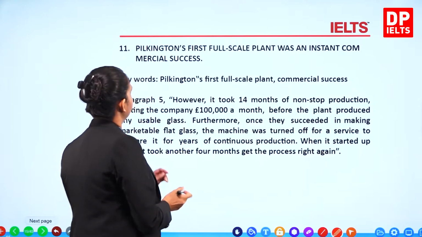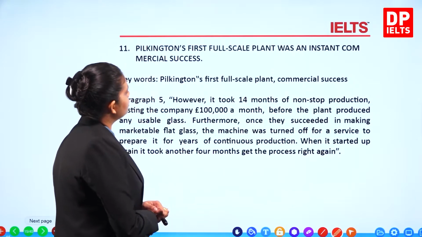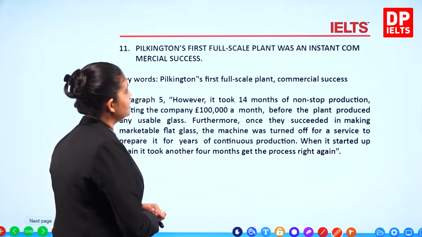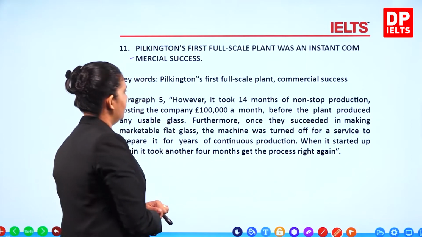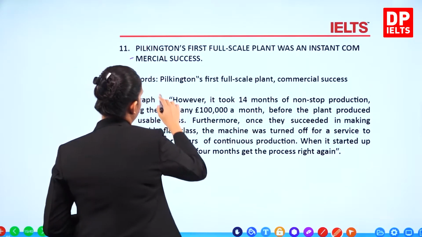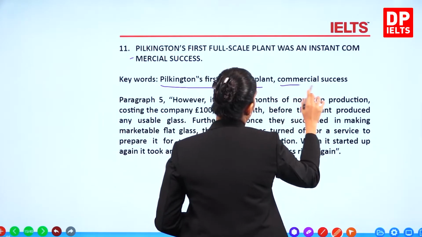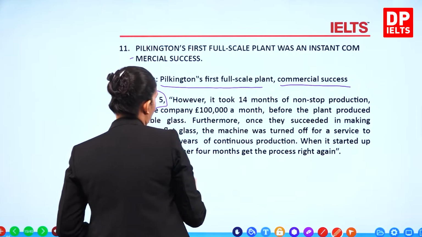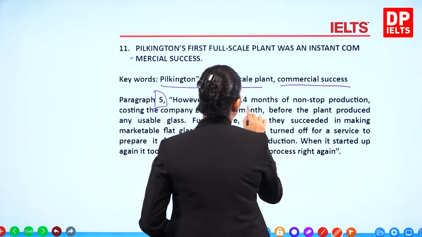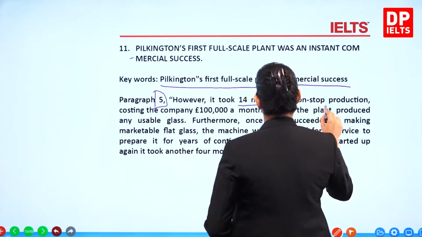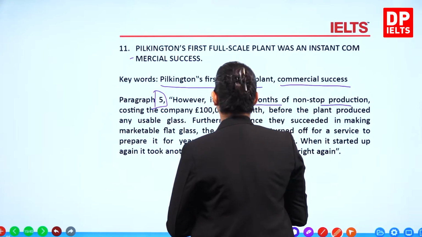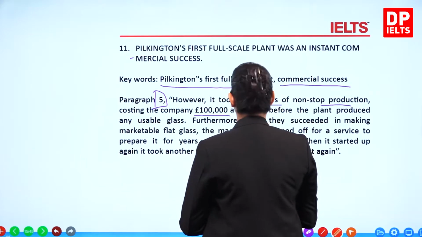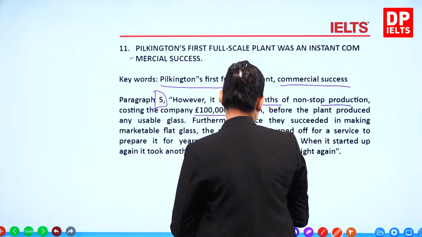Question number 11. Pilkington's first full-scale plant was an instant commercial success. So Pilkington's first full-scale plant, commercial success. Now, the same way, you go to paragraph 5. However, it took 14 months of non-stop production, costing the company £100,000 a month before the plant produced any usable glass.